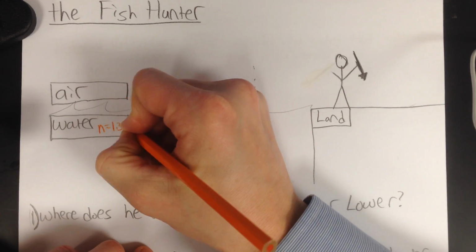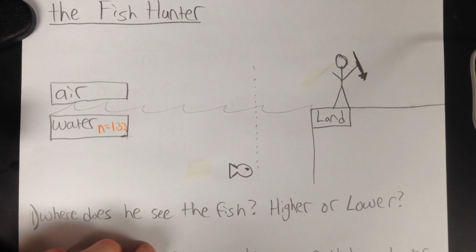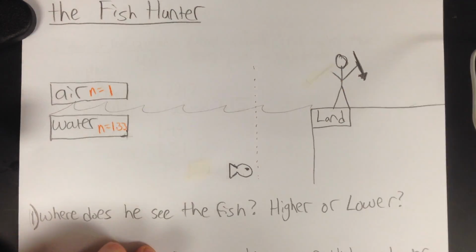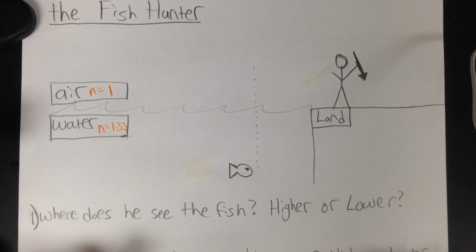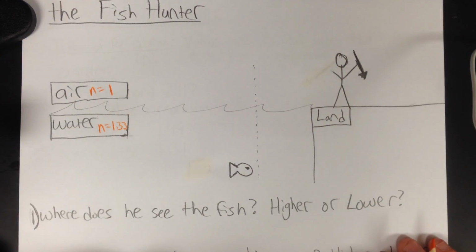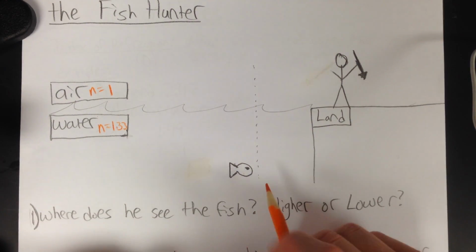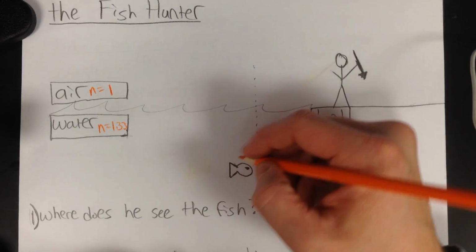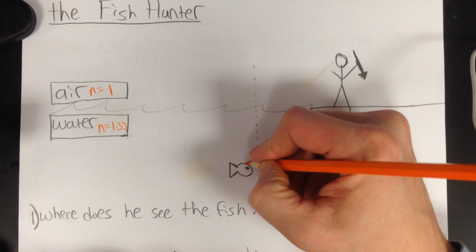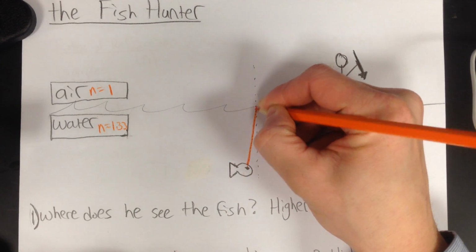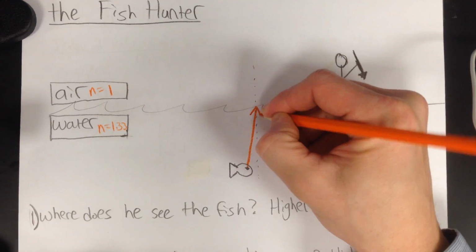Alright, so first thing I want you to do is draw a diagram and then label water's index of refraction, 1.33. The fish is in the water, right? And air has an index of refraction of 1, right? So now, in order to see the fish, light is going to exit the water and it's going to bend into his eye. So light from the fish comes out of the water, draw it towards that normal line right there, in a straight line.